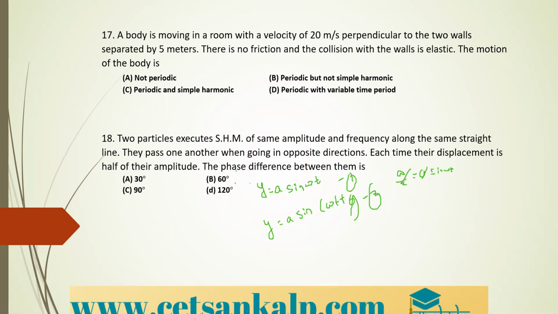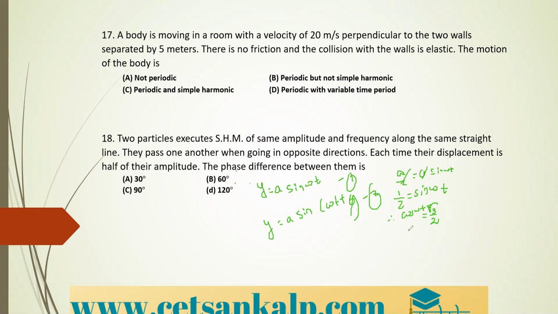So here students, when sine omega t is equal to 1 by 2, therefore, cos omega t is equal to root 3 divided by 2, because they have the same value.